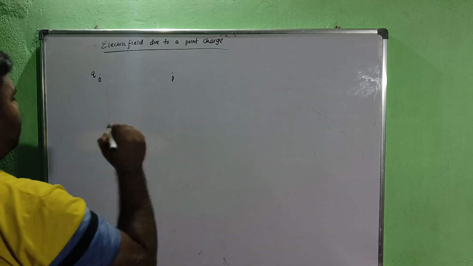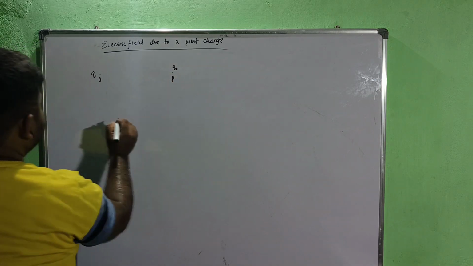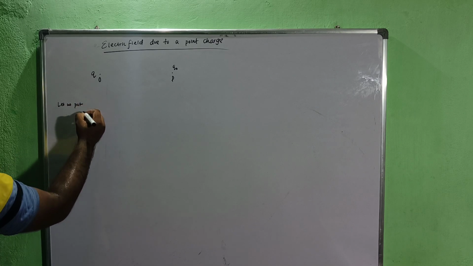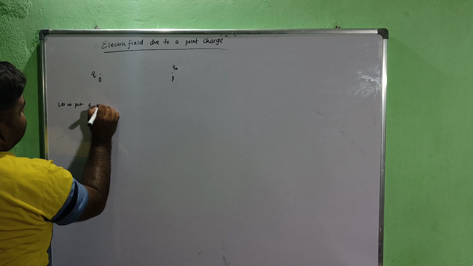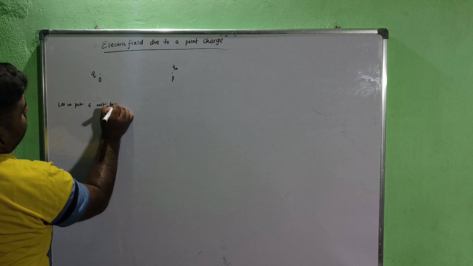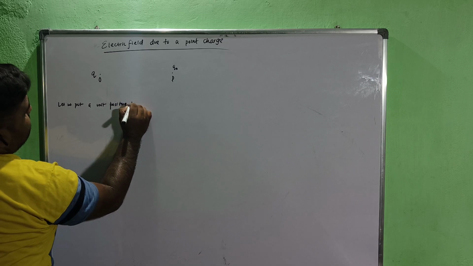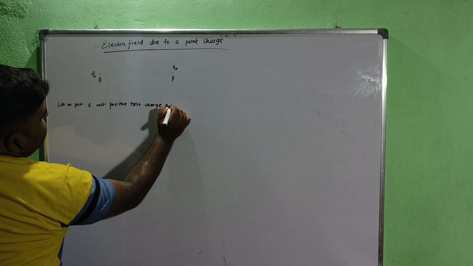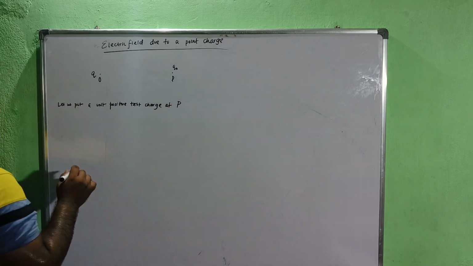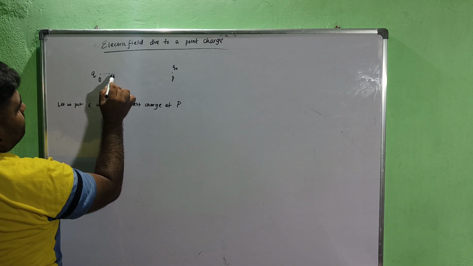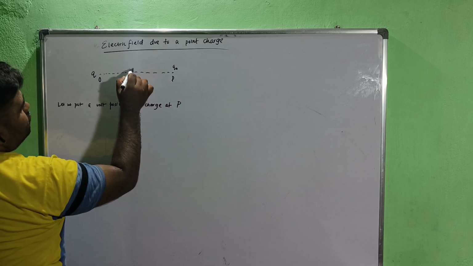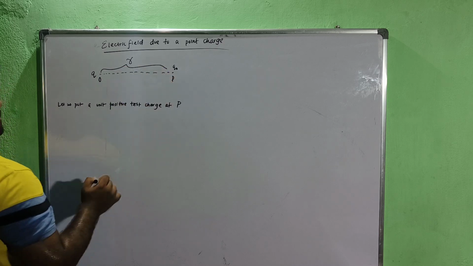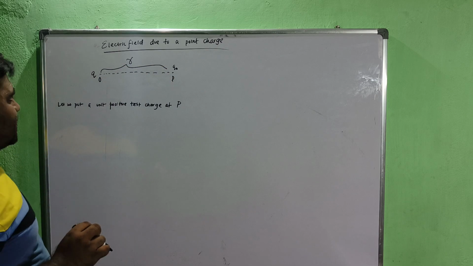So let us put a unit positive test charge at P. Join those two points, and let those two points be separated by a distance r.